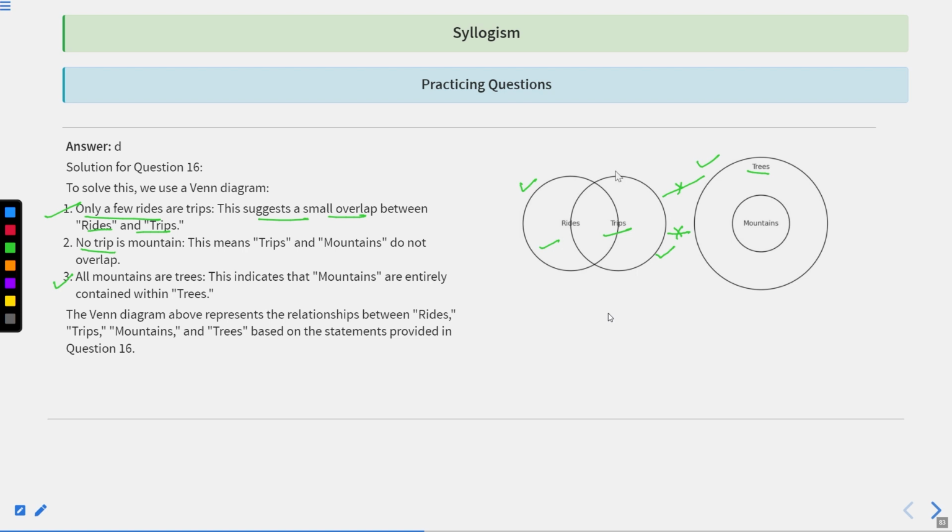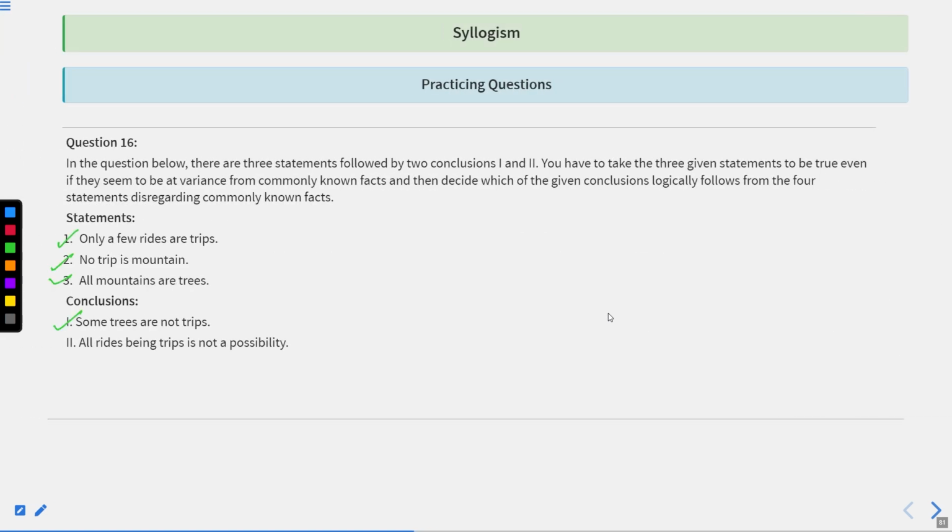There is no relation between trees and trips from the Venn diagram and the statements provided. Therefore, the first conclusion, some trees are not trips, is 100% correct. Please don't get confused that it is saying some trees are trips.